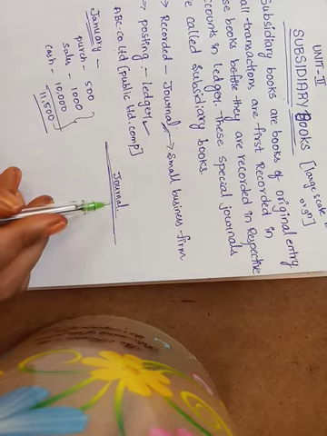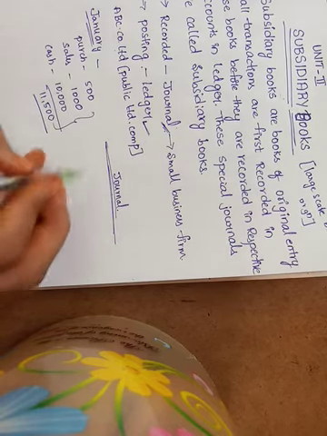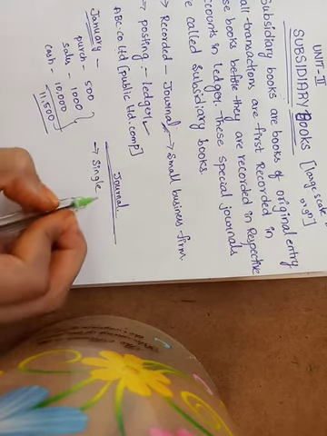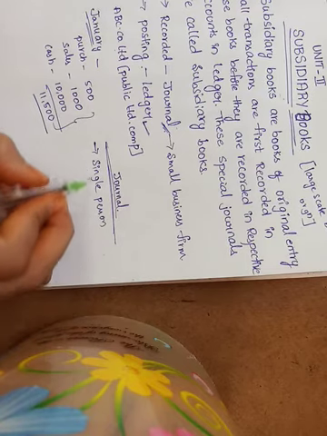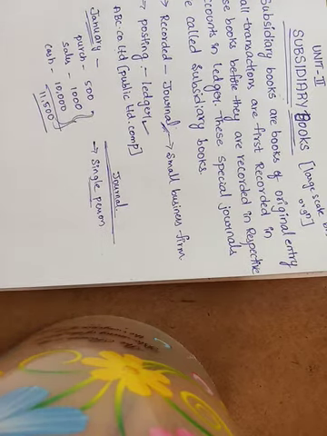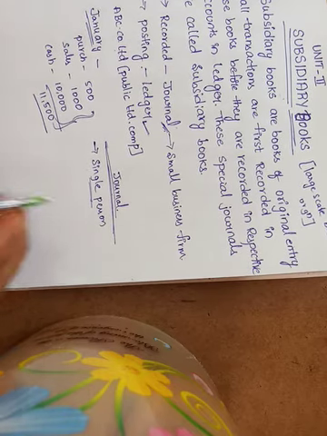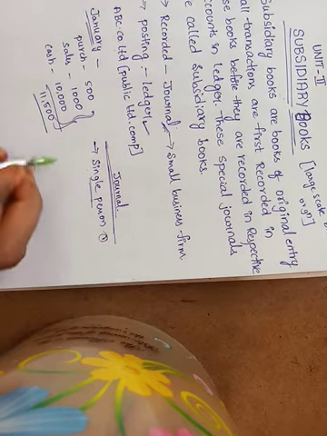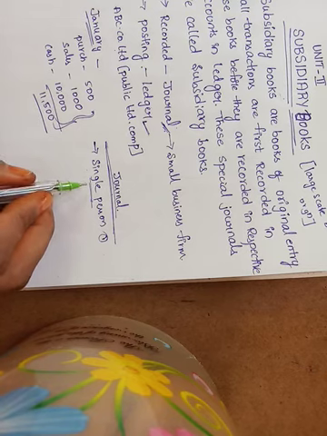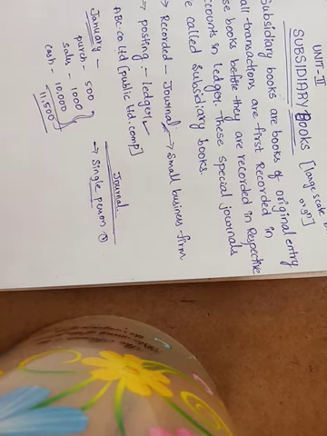So what is the disadvantage? See here. This journal book is maintained by a single person, so this person's workload increases. Whenever only a single person is there, all these transactions are recorded by this person only. So his workload increases. Sometimes under the pressure of recording transactions, errors occur.